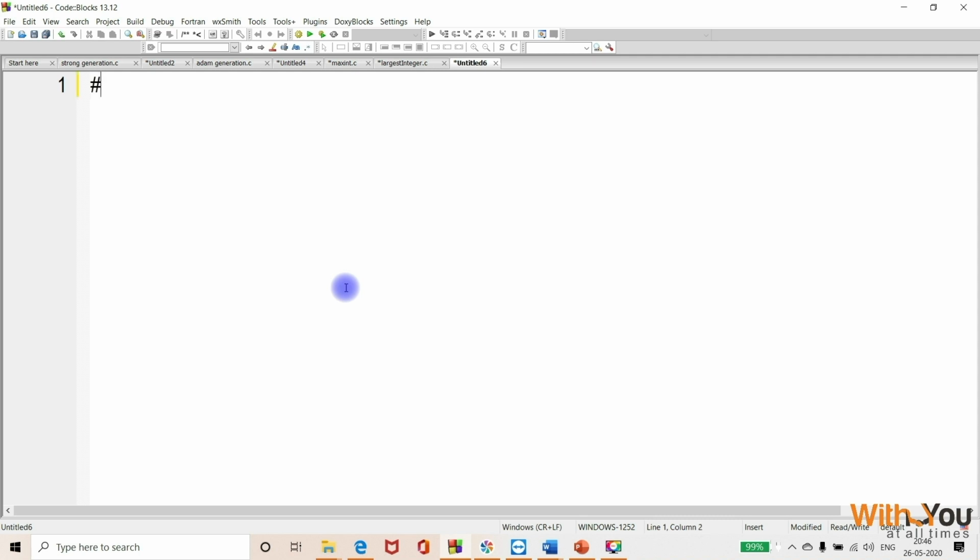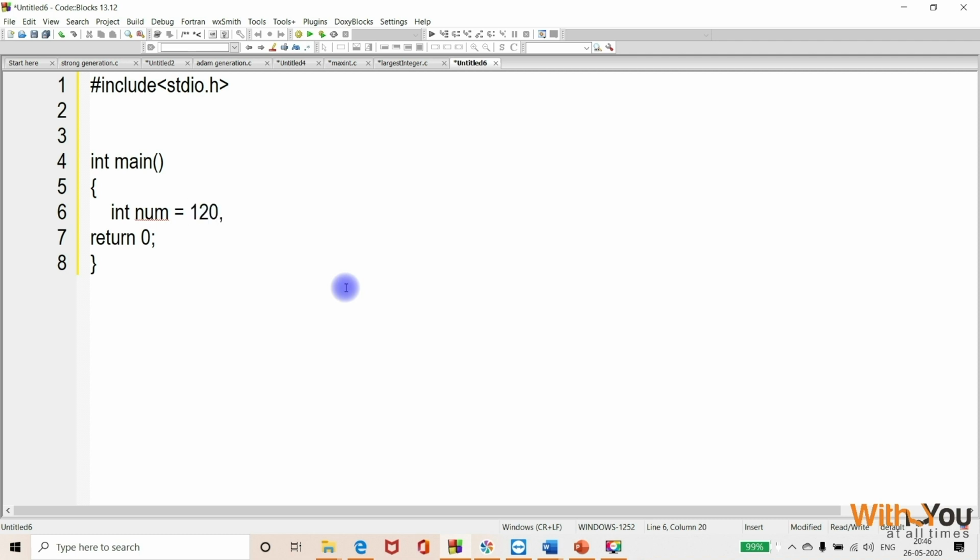So, #include <stdio.h>, int main, and return 0. Then we're going to have a num. Let's start with 720 or 120, which was the number we looked at.